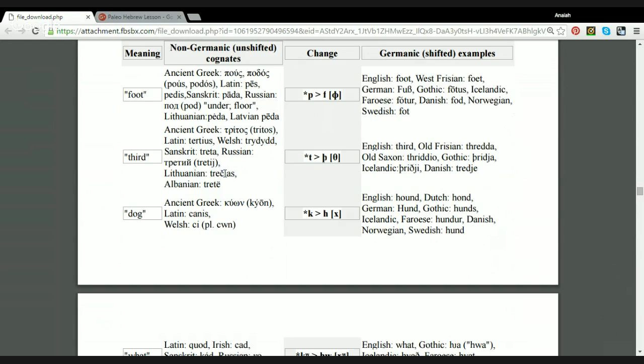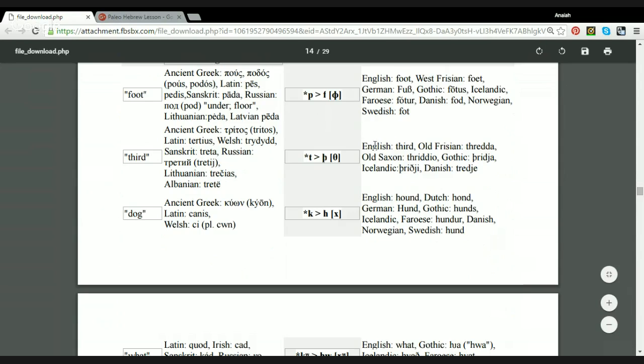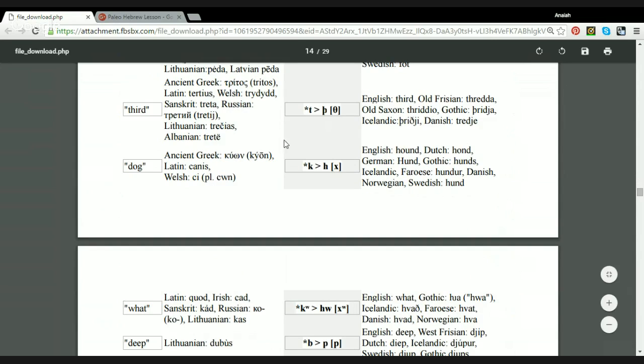Lithuanian, I don't know if these pronunciations are correct, I'm just kind of guessing, tretius. Albanian, treta. Now here, English, third with a TH. Old Frisian, threda. Old Saxon, thridio. Gothic, thridia. Icelandic, thrithyi. And Danish is tredje. It's all the same word, but the spelling changed over time due to pronunciation differences.